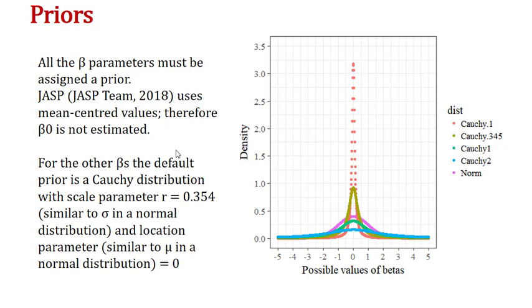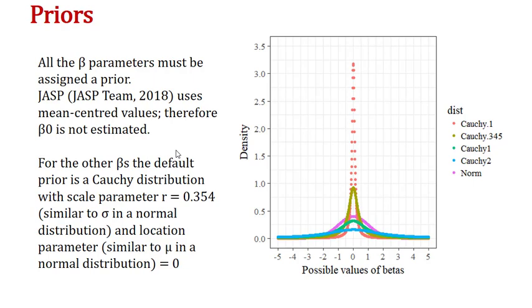So instead of using the raw scores of the variables, it transforms them into mean-centered scores. Basically the mean of those scores will always be 0, and there will be values that are negative because they are lower than the mean, and positive values because they are higher than the mean. By doing that, beta 0 is not necessary, because there is no need for that parameter. For all the other betas, we then need to assign a prior distribution.